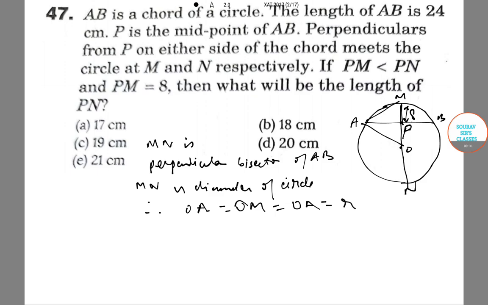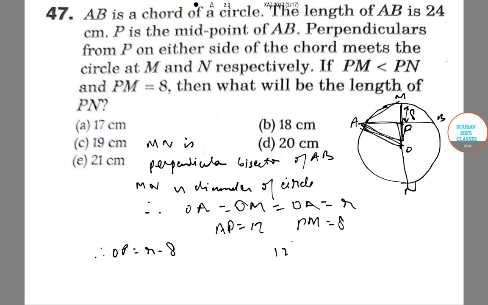Now we have been given that AP is equal to 12 and PM is equal to 8. Therefore, OP is equal to R minus 8, where R is the radius of the circle. Now, triangle OPA is a right angle triangle.